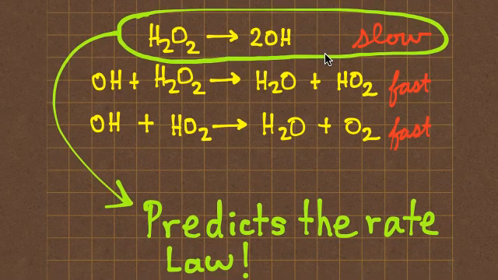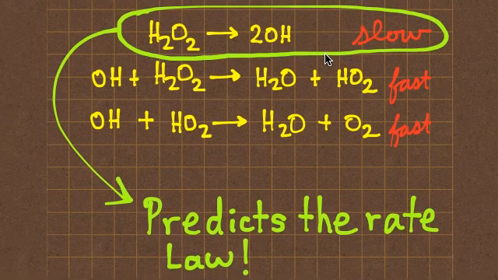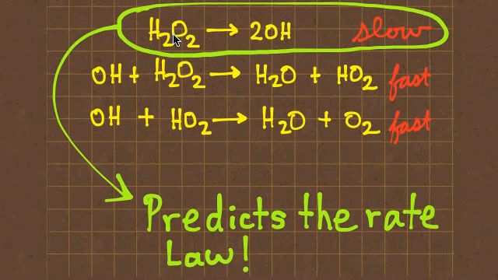Excuse me, I say if I know which step is slow, then I'm allowed to do something which contradicts a rule we mentioned just a little while ago. But let me not point out the contradiction right this minute. Let me just tell you what the rule is. If and only if this is an elementary step, a single decomposition, a single collision, or a single simple change in some way, then here's what I can do.